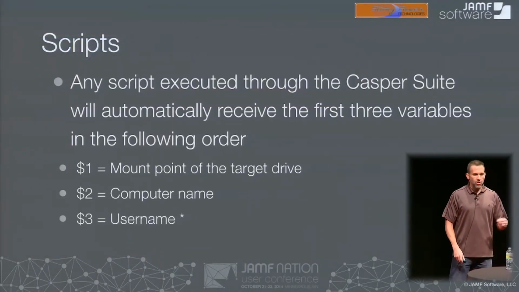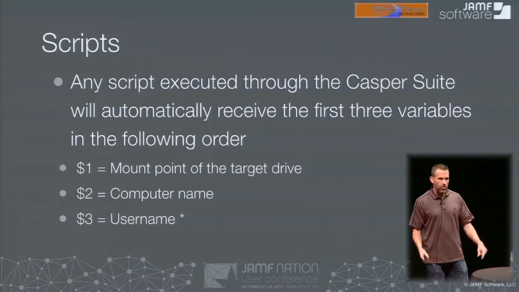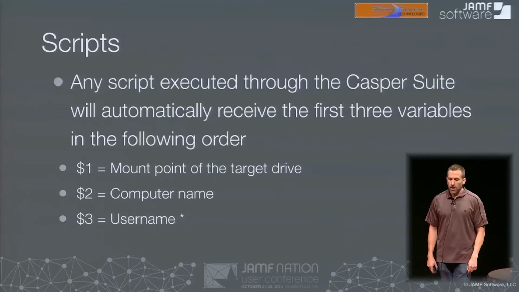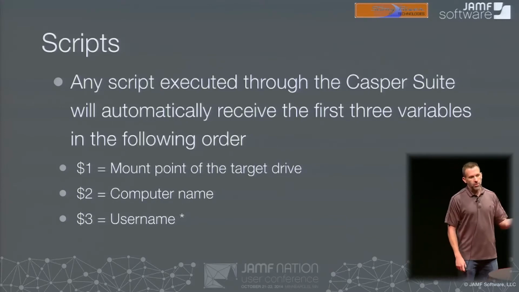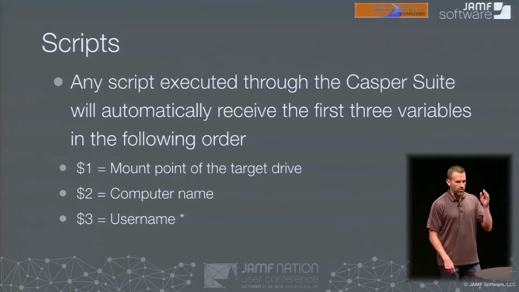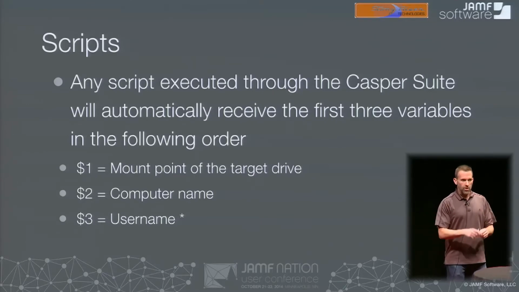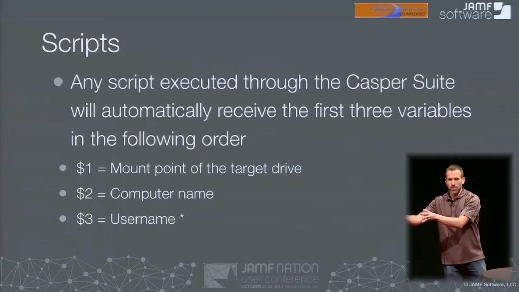So the thing about scripts is you need to make sure you reference a KB article, and I'll have a link at the end of the slides. The first 3 variables of a script have already been taken by Jamf. So if you run a script on your command line, so ./script name.sh, and then you put a space and then something, a space, then something, and a space, then something else.